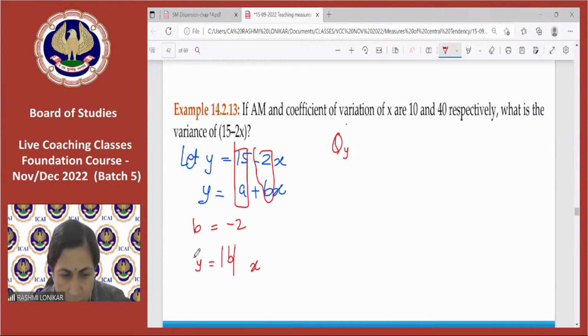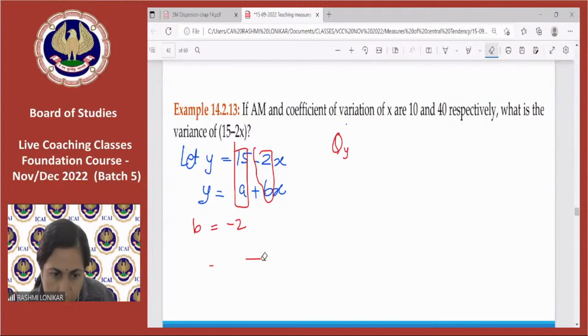Y bar is equal to b into x bar. I'm thinking of quartile deviation here. Okay. So I have b is equal to minus 2 and a is equal to 15.